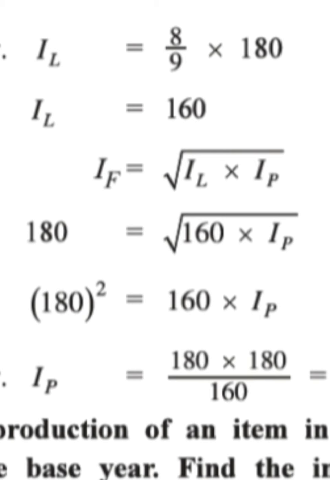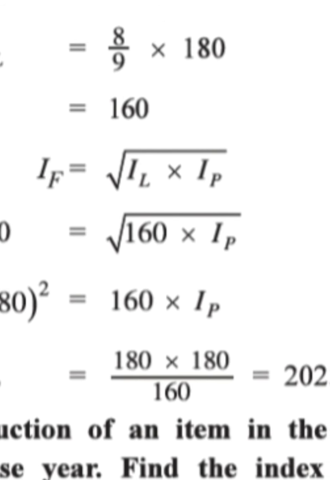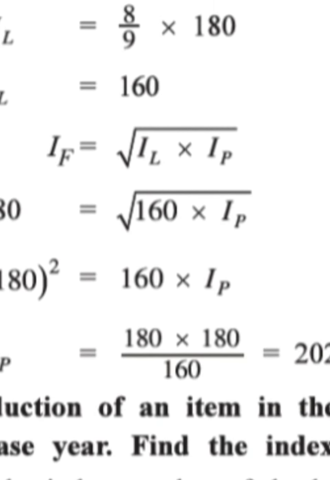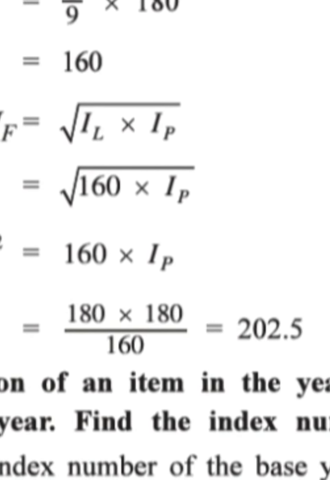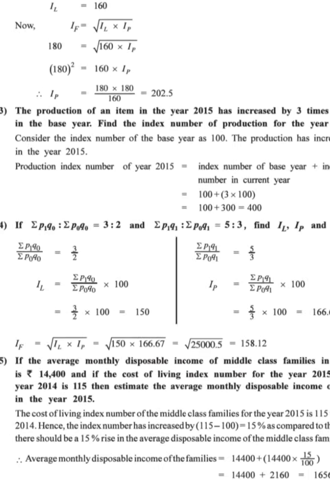Now all the values are there except one, that is IP, which we need to find out. You are going to solve this equation. It will come up to IP equal to 180 into 180 divided by 160, and that is actually 202.5. So you would find your Paasche's index number is 202.5.